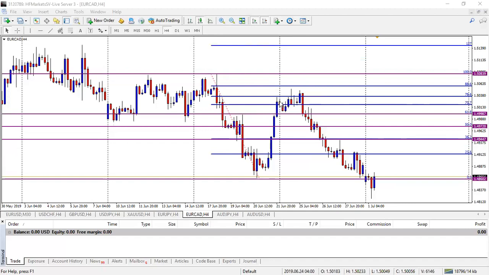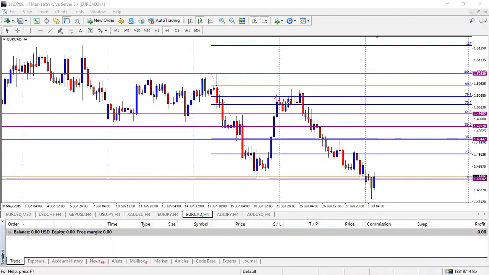So from this zone, you start having a lower high, right? This candle closed below the body of this candle, right? This particular candle closed below this candle, and this closed below it. And then look at this again.